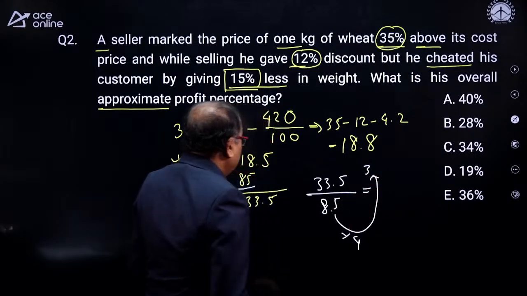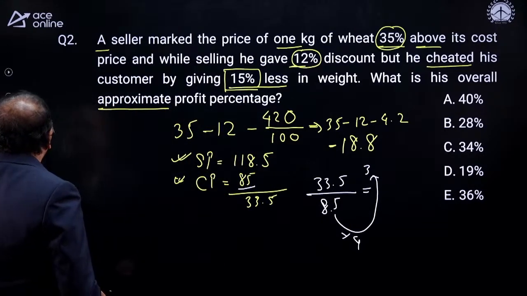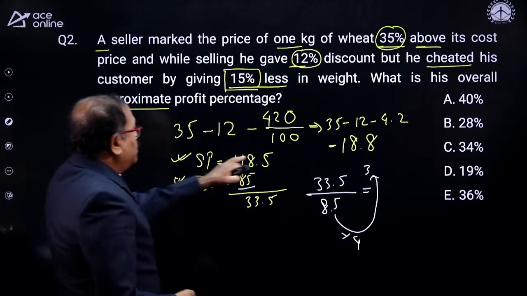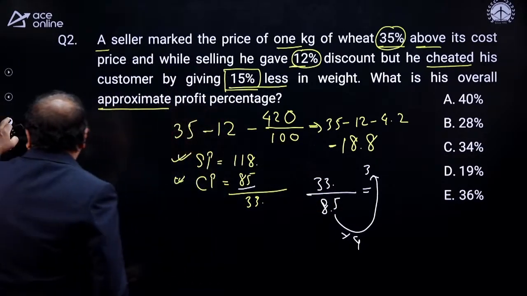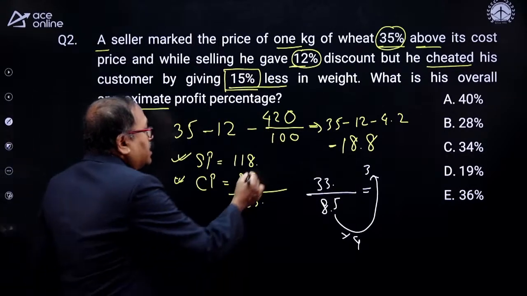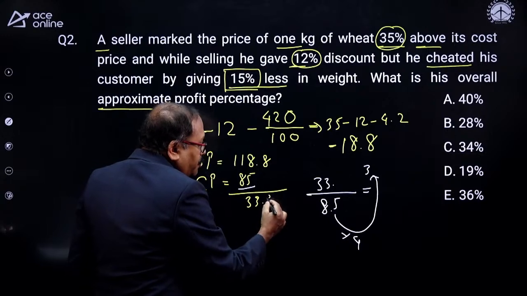Here I made a mistake. This is 0.8, so it will be 8. Let's correct this one. This is 118.8, so 33.8.